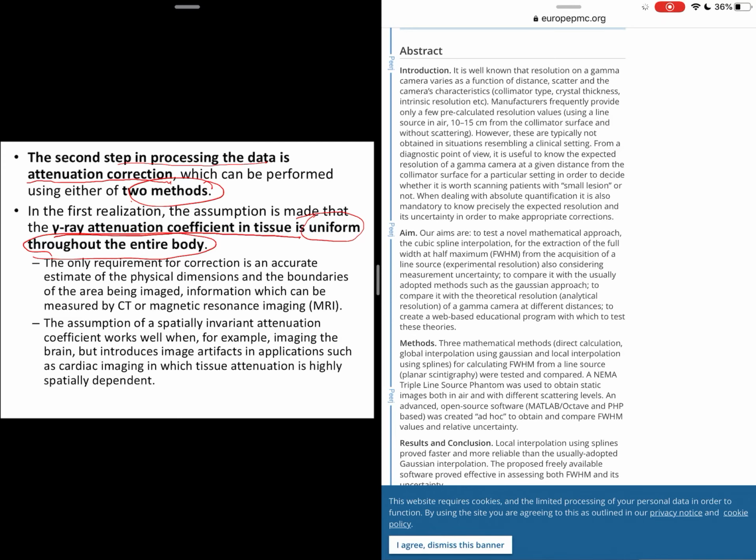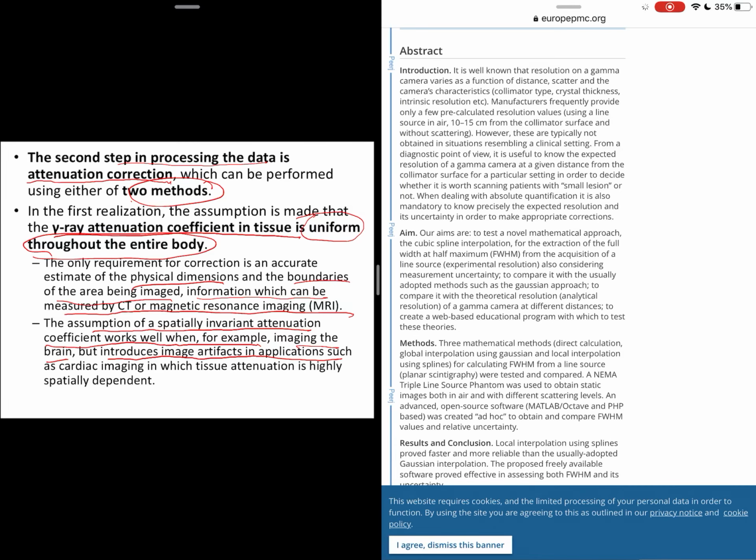The first one is by assuming that the gamma ray attenuation coefficient in tissue is uniform throughout the body. The only requirement for correction is an accurate estimate of the physical dimensions and the boundaries of the area being imaged, information which can be measured by CT scan or MRI.